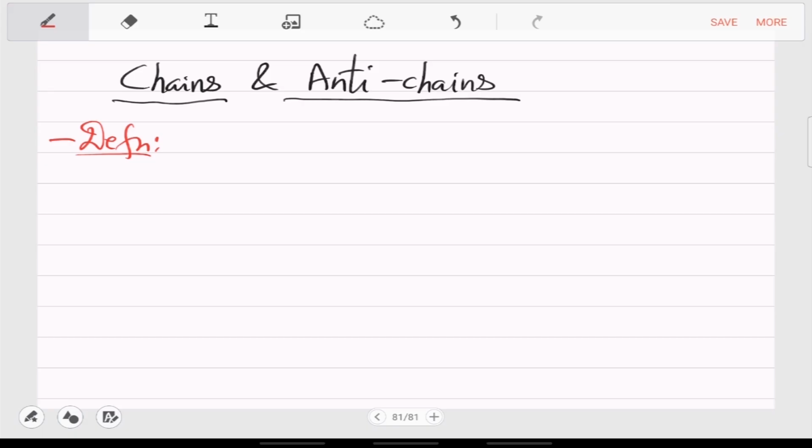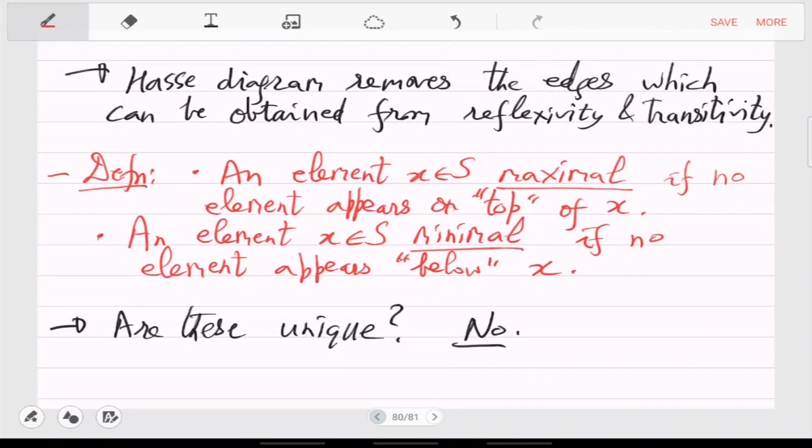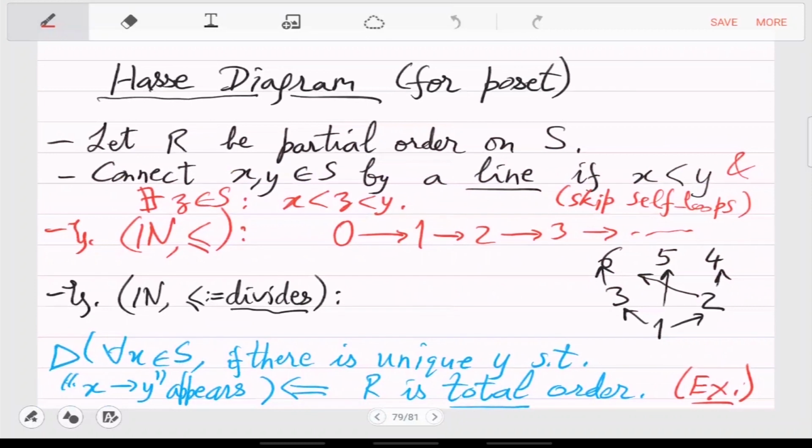So chain will basically be the lines you see in the Hasse diagram, right? Like line meaning in general like this 1 to 2 to 4 or 1 to 2 to 6, 1 to 3 to 6. So these are chains.